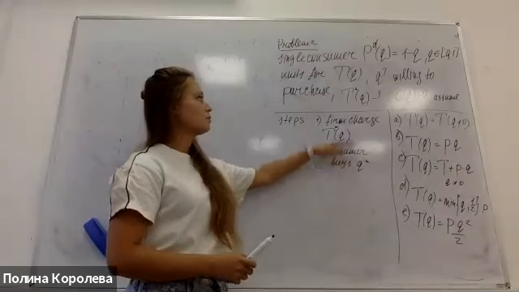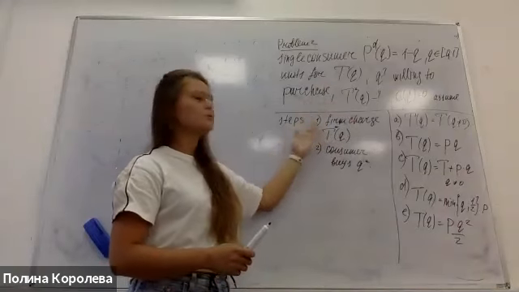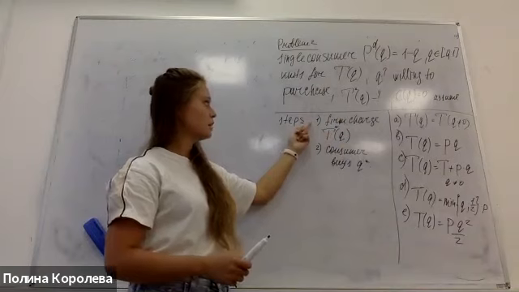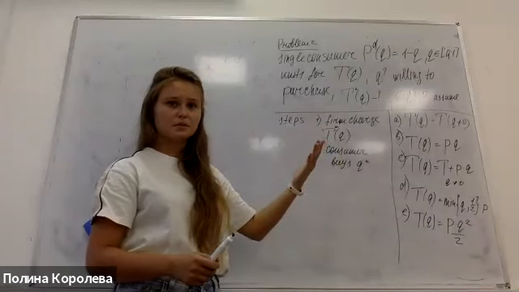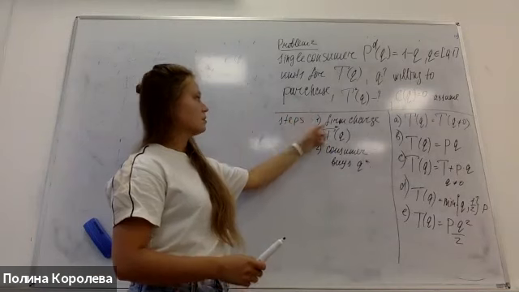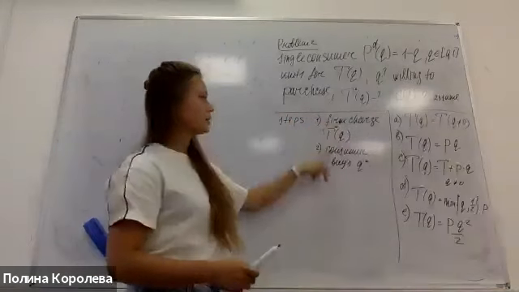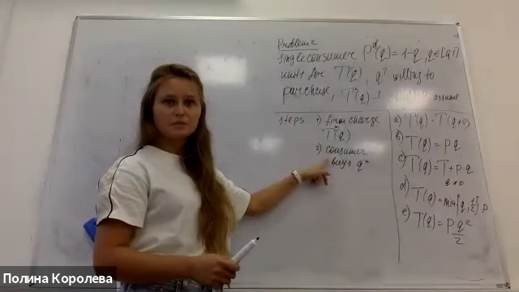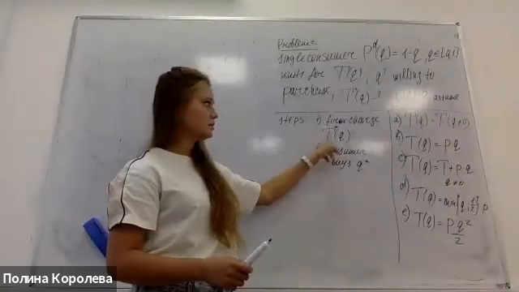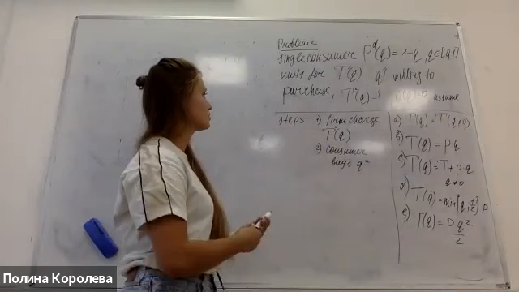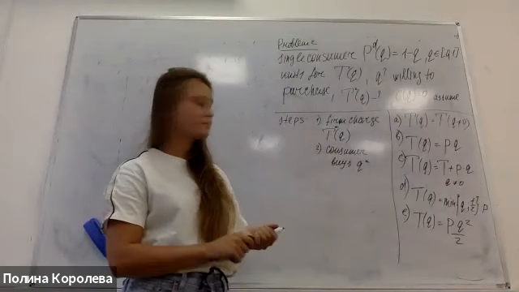But how does the firm choose the optimal tariff? The firm understands how much the consumer will buy for each variant of tariff. So the firm understands how the consumer will behave, how much he will buy for different variants of tariff.